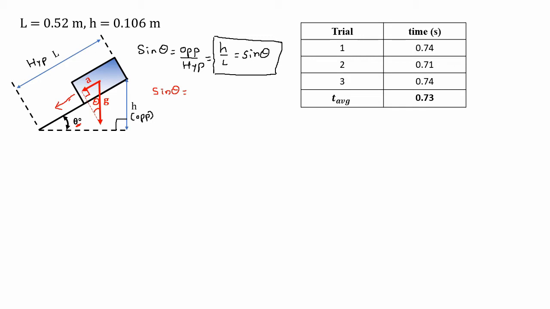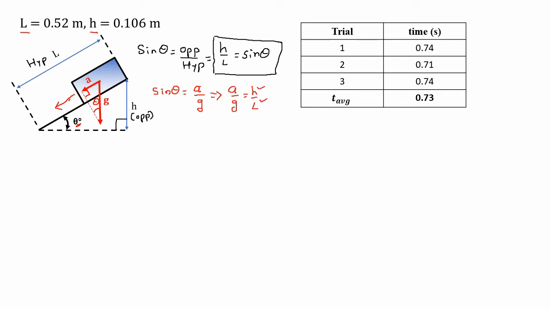Opposite side is a divided by hypotenuse, which is g. As we can see, both sine theta relationships represent the same angle. Hence, we can get this relationship: a over g equals h over L. Now, we already know the length of the ramp and the height of the ramp.